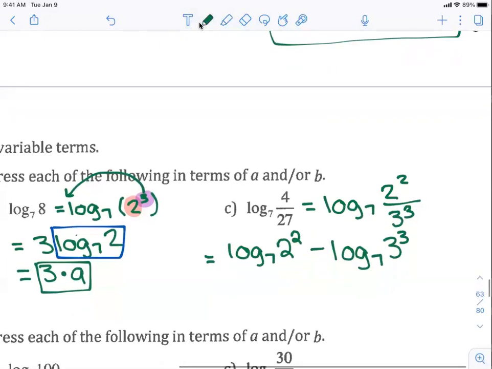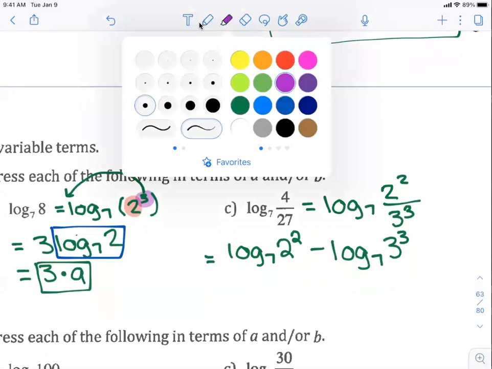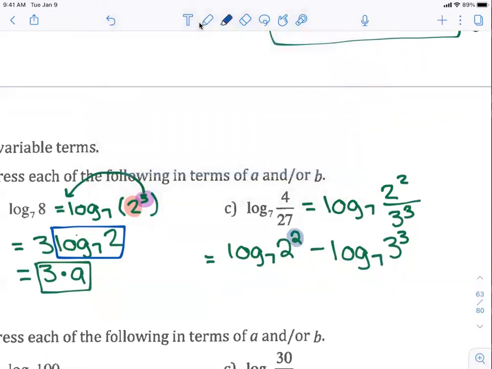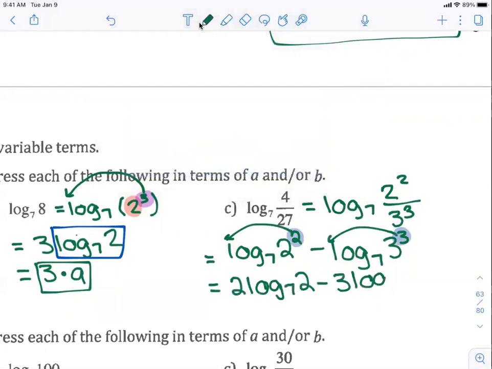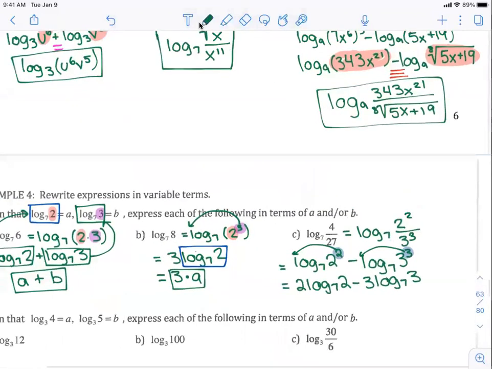Okay, there's still more that I can do because now I can swing my exponents out in the front here. So this is going to be 2 log base 7 of 2 minus 3 log base 7 of 3. Again, notice this right here, log base 7 of 2, matches up with log base 7 of 2.